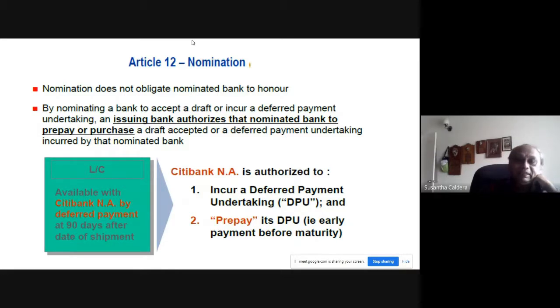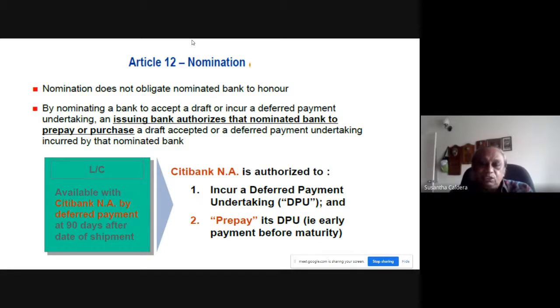Now, in the LC, it's available with Citibank NA by deferred payment, at 30 days after date of shipment. It's very clearly mentioned.